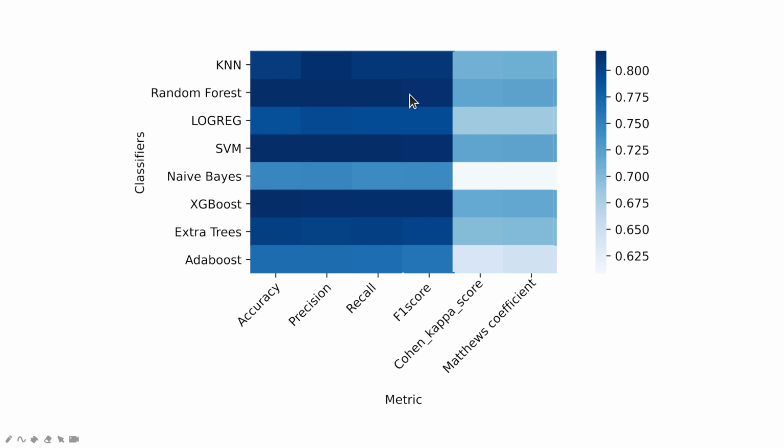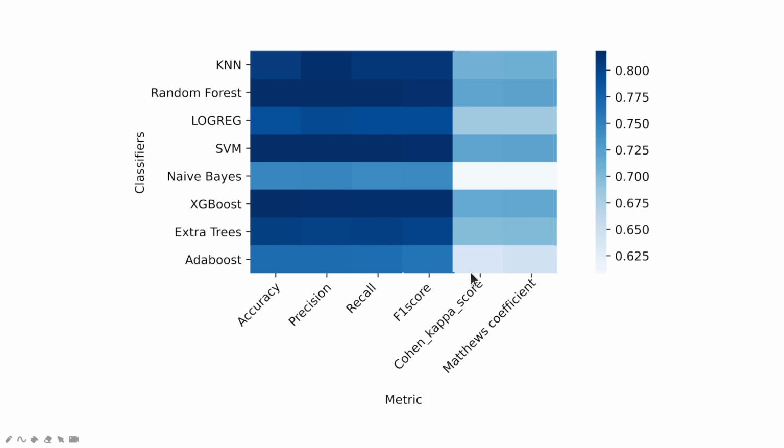Because if you look at the color scheme here, and then comparing with the others, these are the ones with high scores, because a darker blue or dark blue indicates high score. And so these three, XGBoost, SVM, and the random forest, are the ones that perform very well.